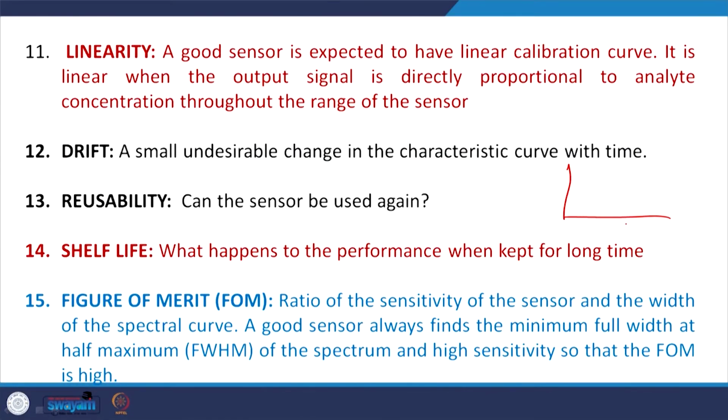Linearity. A good sensor is expected to have a linear calibration curve. What it means? Like I told you, the lambda resonance versus C curve, and I showed you this kind of thing. Suppose you have it like this, it is not linear here.